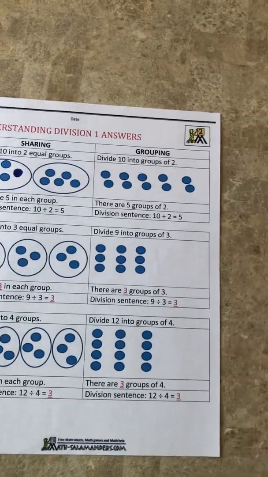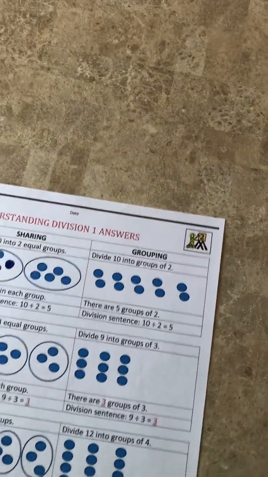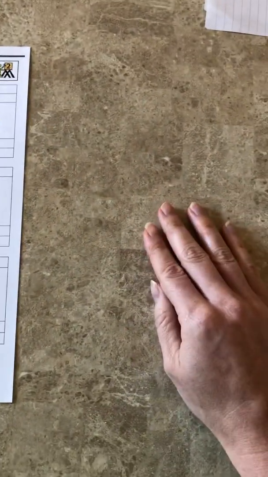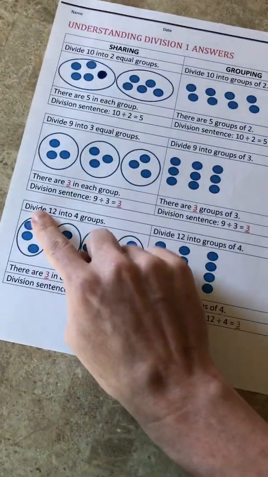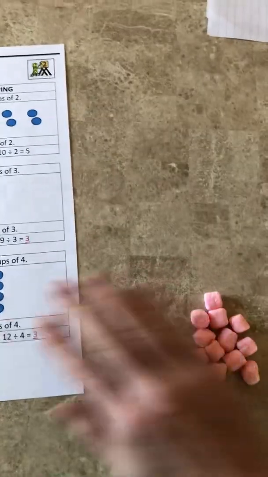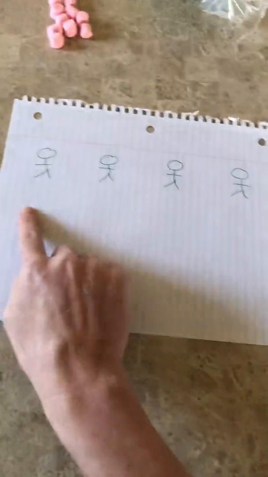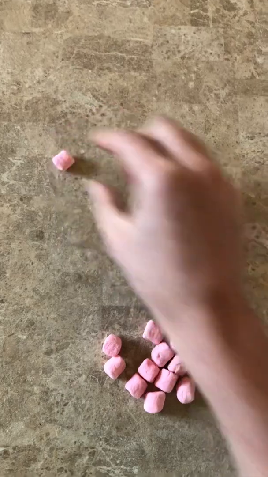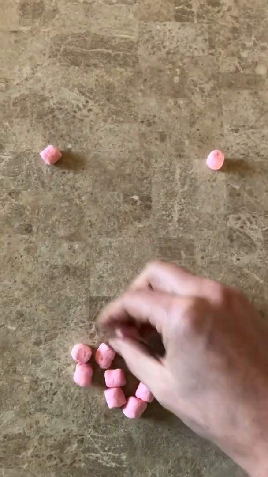Okay, so the last one, we're starting with 12. So I'll add some marshmallows so that I have 12. It says divide 12 into 4 groups. Again, I could have 4 people drawn if that helps me, or I don't have to. I can just start my 4 groups.